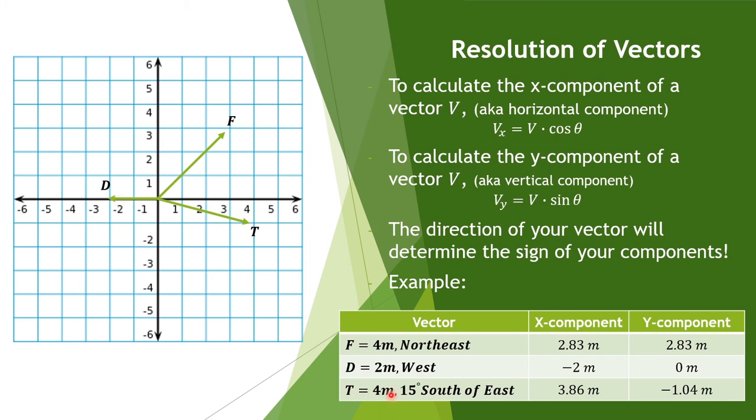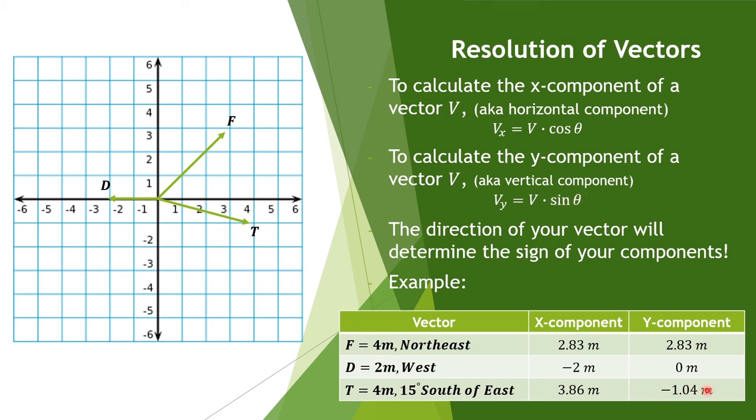This one, how about this one? Vector t, 4 meters, 15 degrees south of east. So its x component would be 3.86. Substitute this into your formulas here. For cosine 15, you're going to get 3.86. Try it for the y component, 4 times sine 15, and you're going to get a positive.